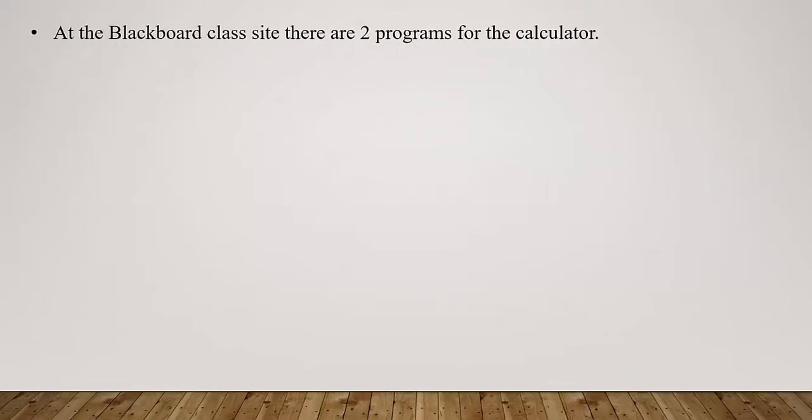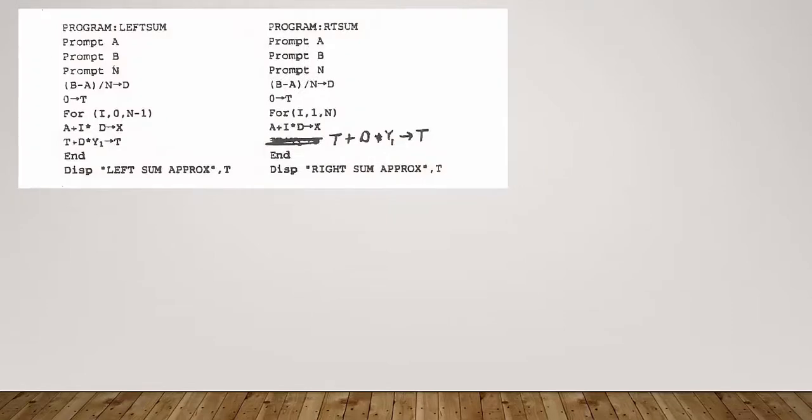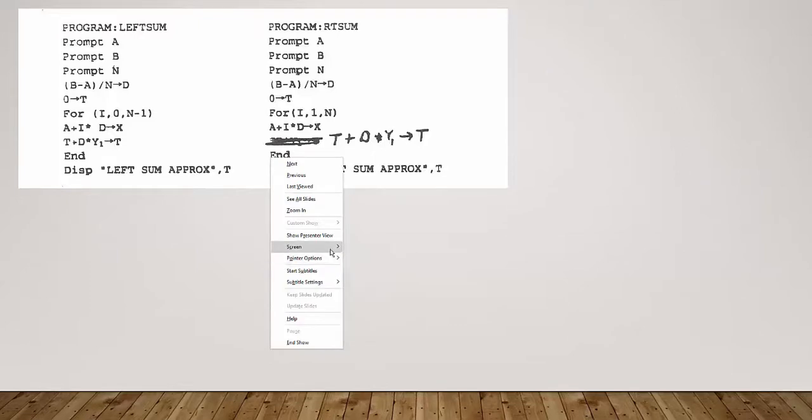At the Blackboard class site, you will find a handout that contains 2 programs for the calculator. One is called the left sum program. The other is called the right sum program. And I say at this time, enter these programs into your calculator, and I'll also walk you through this at this time. So there are the programs.